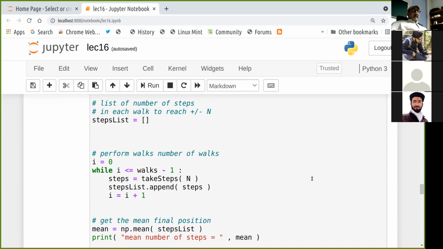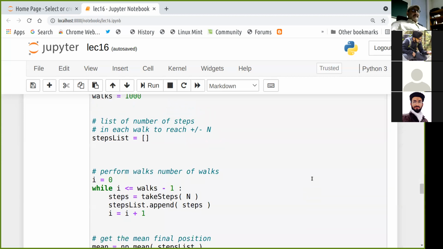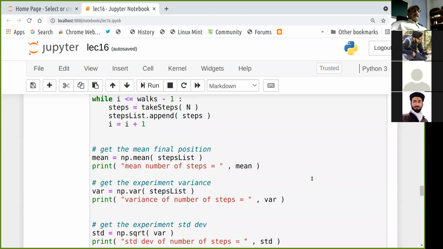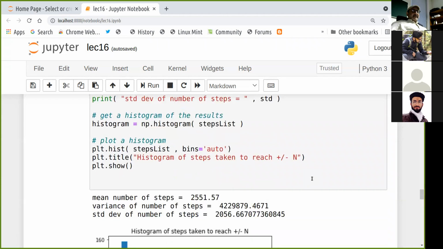We have something called steps list: every time we finish a walk, we've been keeping track of how long it's been taking, and how many steps it took is put into my list that I'm calling steps list. Then we're going to extract the statistics from it.